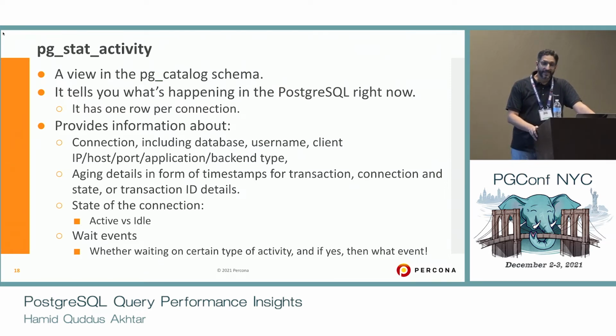It also maintains state. For example, whether your connection is currently idle or whether it's doing something. Idle is defined in multiple types, like idle in transaction aborted. So you can actually see what that process is doing, whether it's idle or trying to do something, and whether it's waiting on certain events or certain locks.